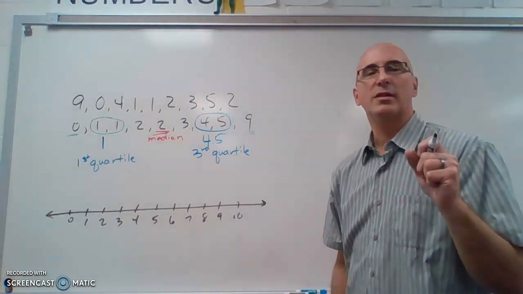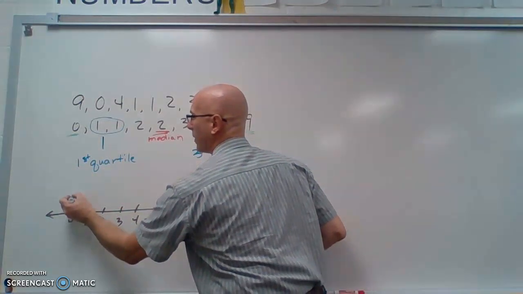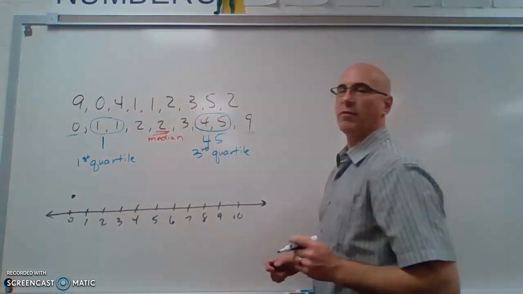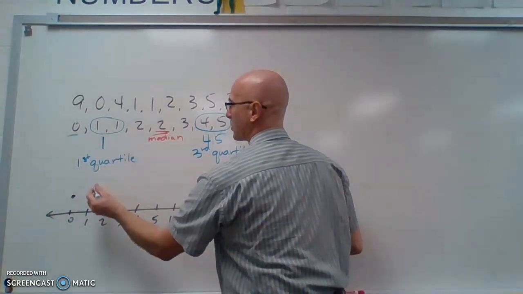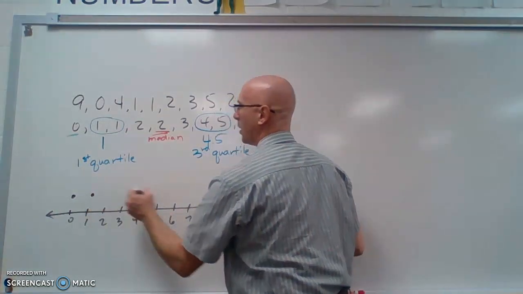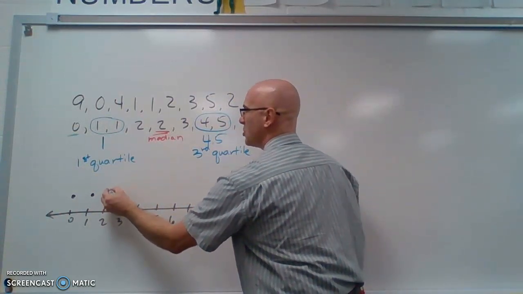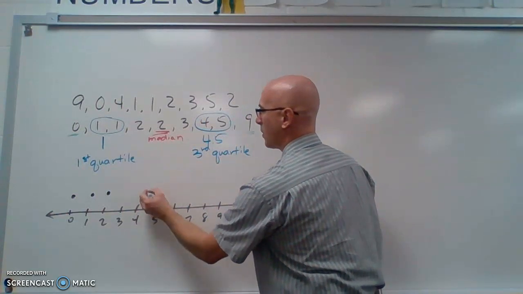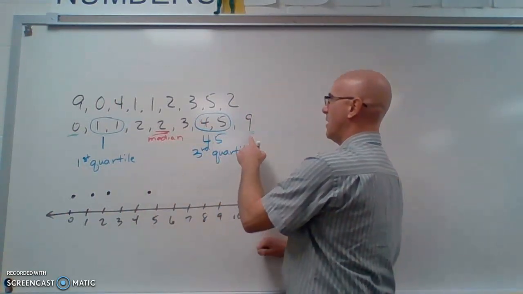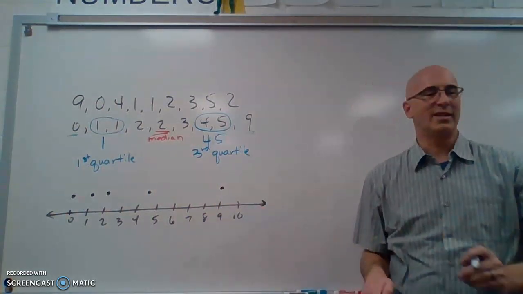The first point is going to be the lowest, and I'm going to have it right above the line so we can see it. Then I'm going to put the first quartile, which is 1, the median, which is 2, the third quartile, which is 4.5, and the largest value, which is 9.